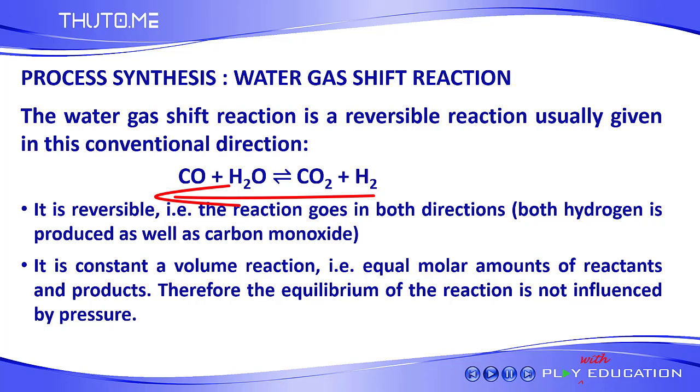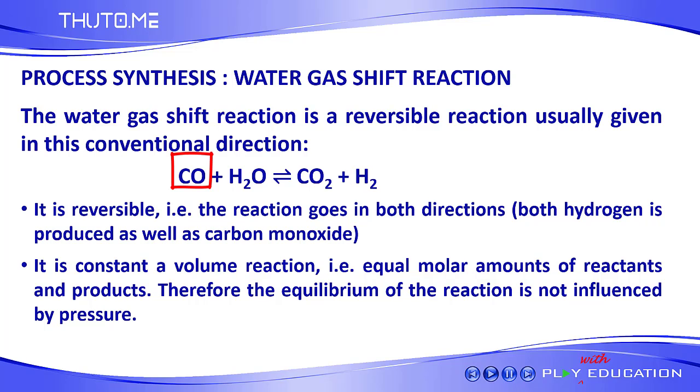Remember, it's a reversible reaction. It doesn't mean that it's happening in one direction. All we are saying is the conventional format that it is usually presented in is water and CO going to form the gases. It is reversible, meaning that the reaction goes in both directions. Both hydrogen on this side and carbon monoxide on this side get produced.